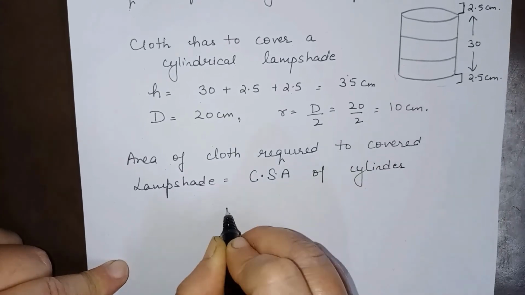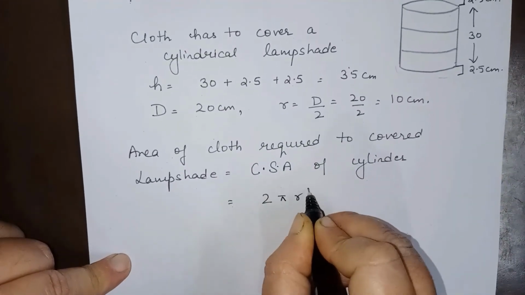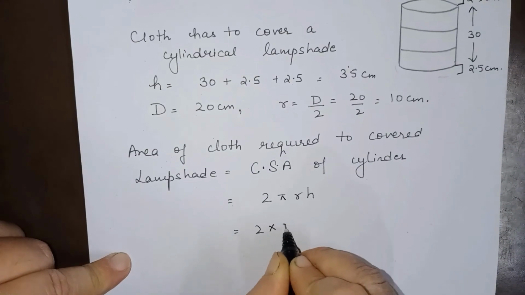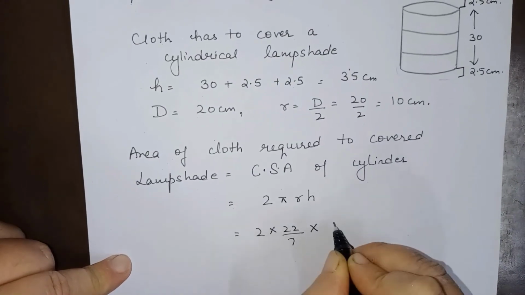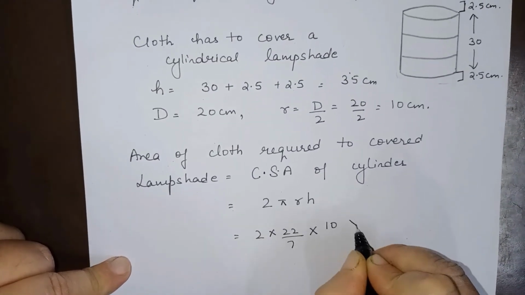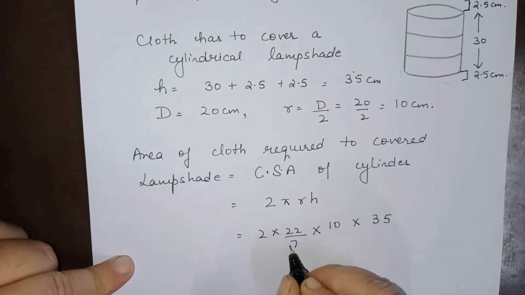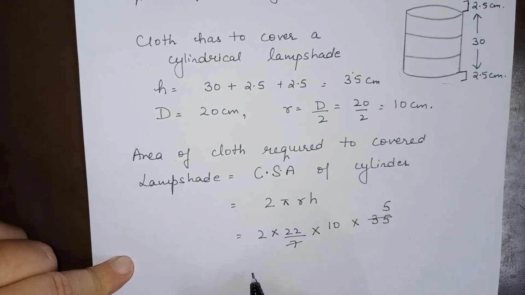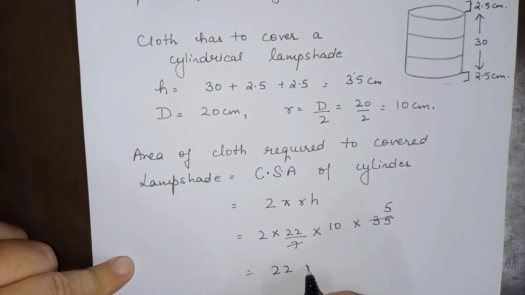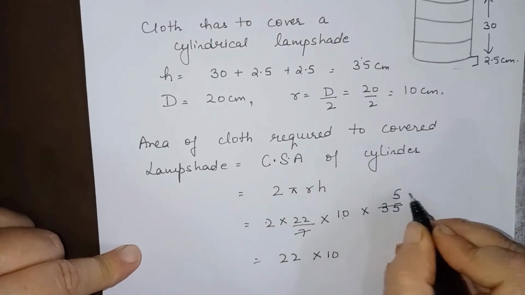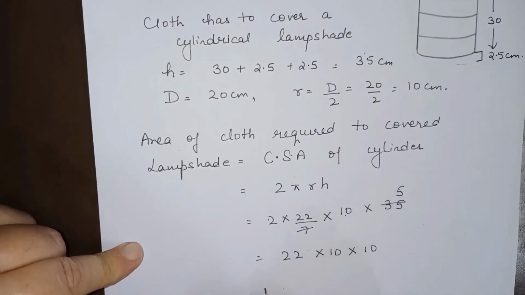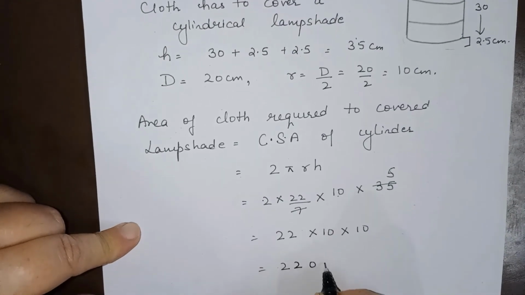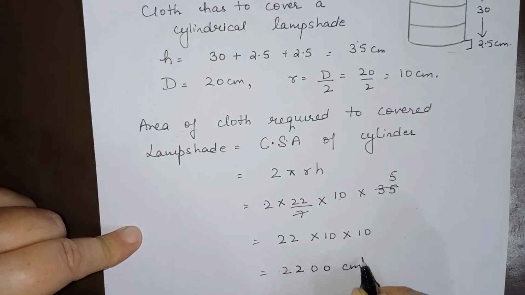The formula is 2 pi RH, 2 into 22 by 7 into 10 into 35. So this is 5. Now this is 22 into 10 and 2 5s are 10. So the answer is 2200 centimeter square.